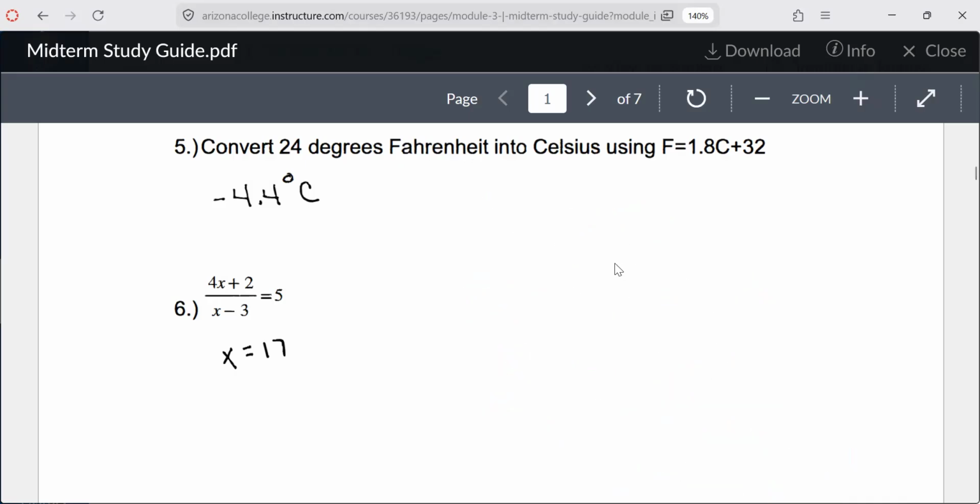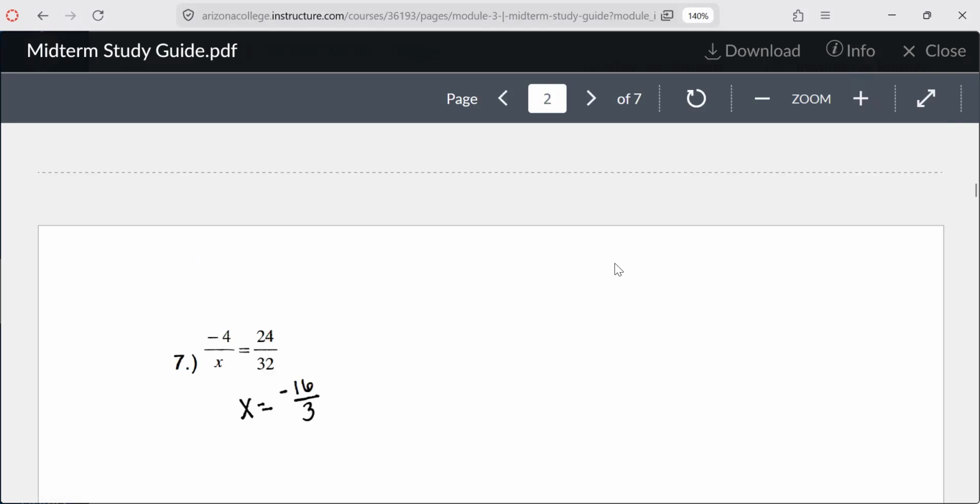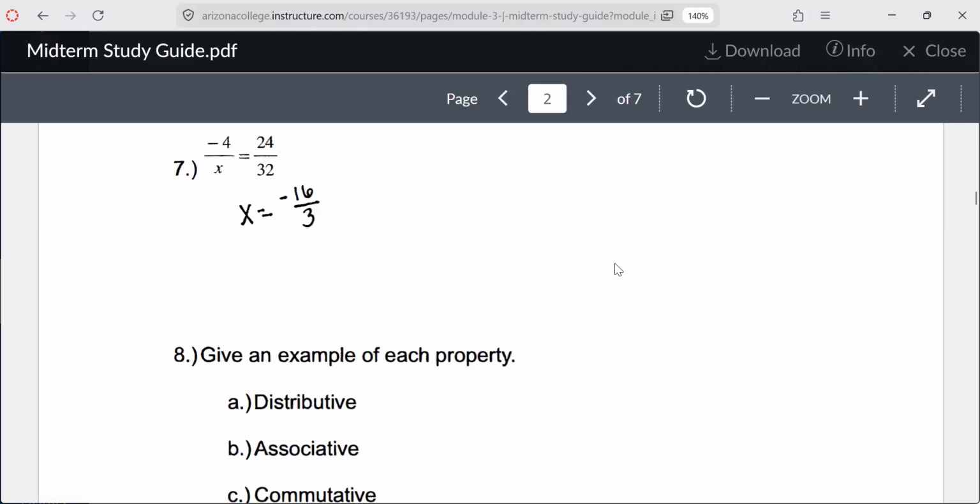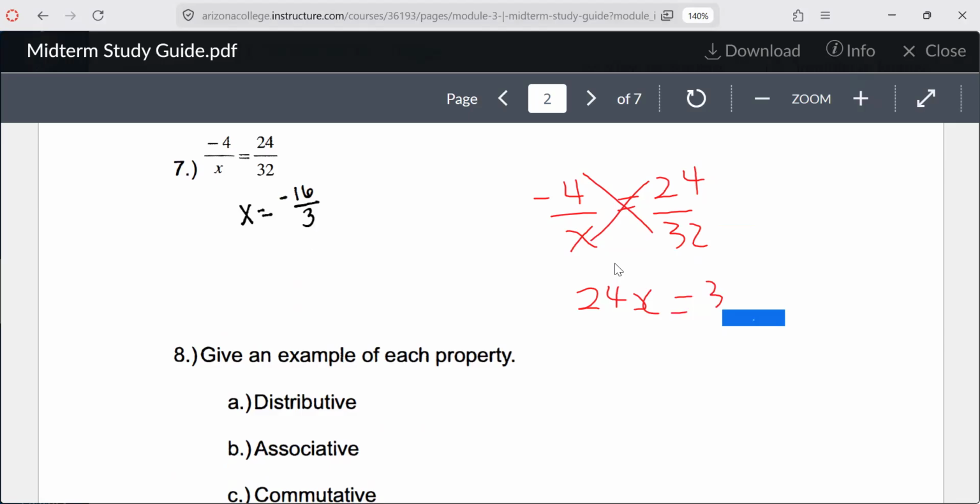So let's keep going. For number 7, you've got -4/x = 24/32. Again, because I have an equal sign in the middle with two fractions on both sides, I'm going to cross multiply. x times 24 is 24x, and then I've got 32 times negative 4.